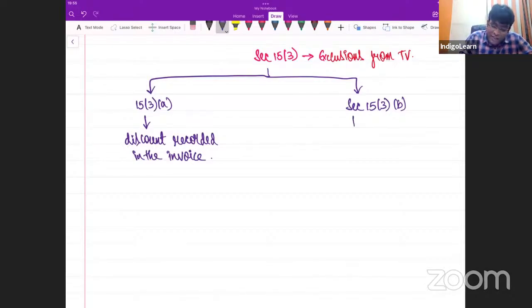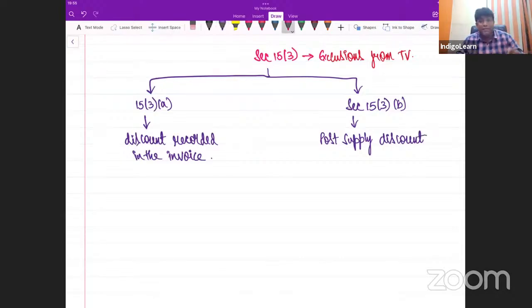That is 15(3)(b), which talks about post-supply discount. This is important. Generally, we give discount at the time when supply is made. But now I'm talking about the special case of post-supply discount. We are giving discount after supply is made. Listen.